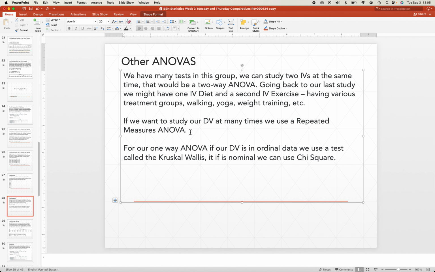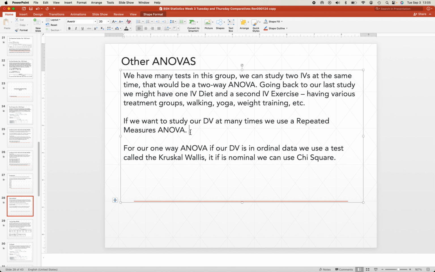It can measure the dependent variable at various times throughout a study and see if there's any change in weight loss comparison. So we can measure all of our patients every month. At the end of the study at 12 months, we put all of our data into SPSS, run a repeated measures ANOVA, and it can tell us if there's any difference in the diet at any point in time during the study.